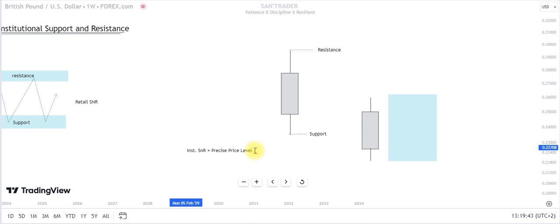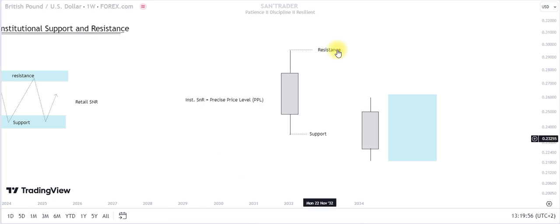Remember I said each and every high is your resistance, each and every candle's low will be your support, right? So in this case we won't be using support and resistance, we'll be using precise price level, PPL, right? Because why? This support can change and become resistance, while this resistance can change and become support.